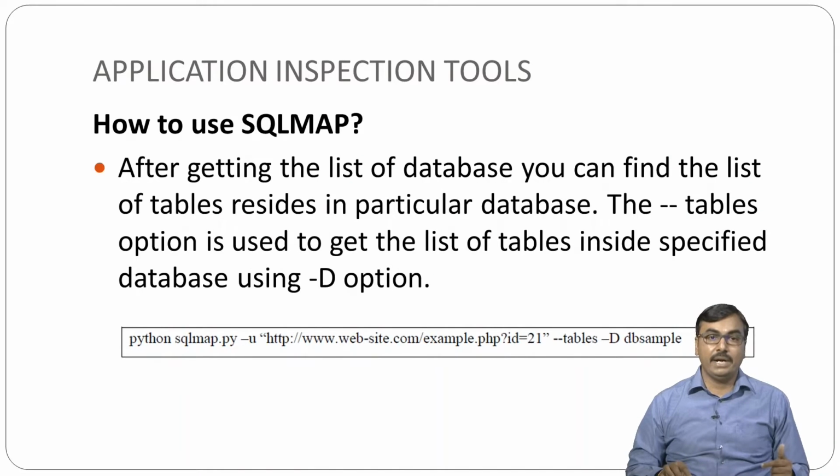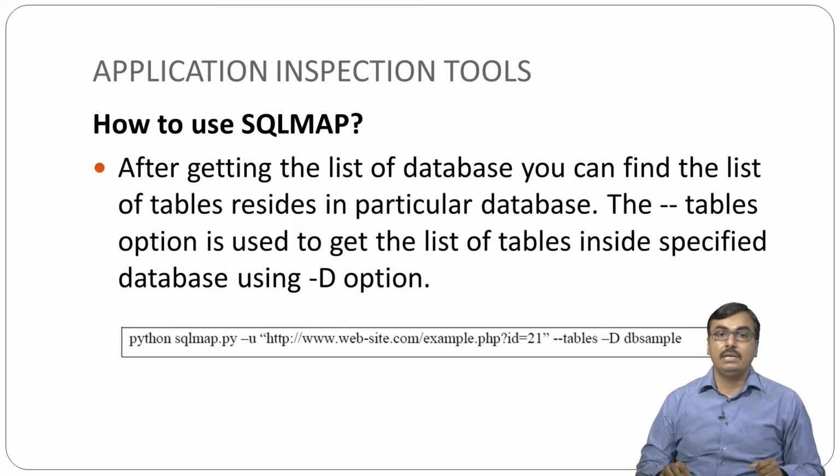After discovering the database list, the attacker is going to attack a particular database. How? You can see the command on screen. After getting the list of databases, you can find the list of tables residing in a particular database. The --tables option is used to get the list of tables inside a specified database using the -D option.